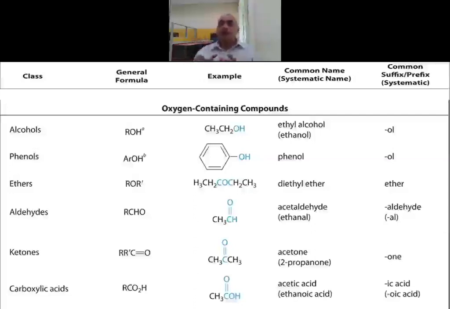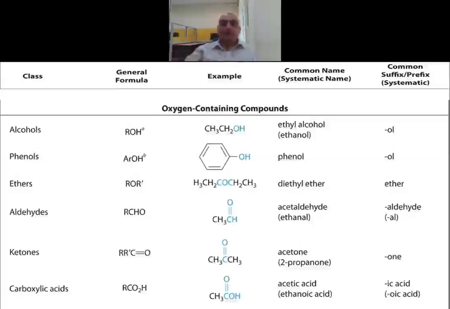propanone. But as I have told you already, the functional group can come at any place. So it means we have to mention the position of the functional group when we want to write the name of the compound.